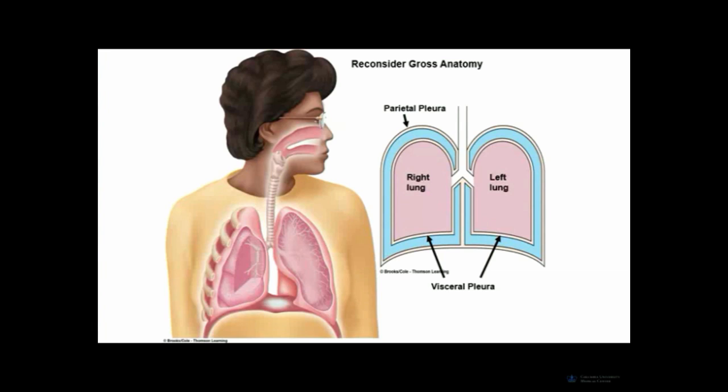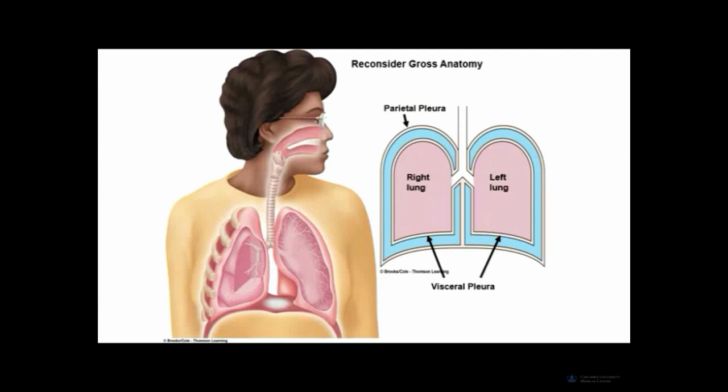So it's all with reference to atmospheric air and atmospheric pressure. Atmospheric pressure is about 760 millimeters of mercury.